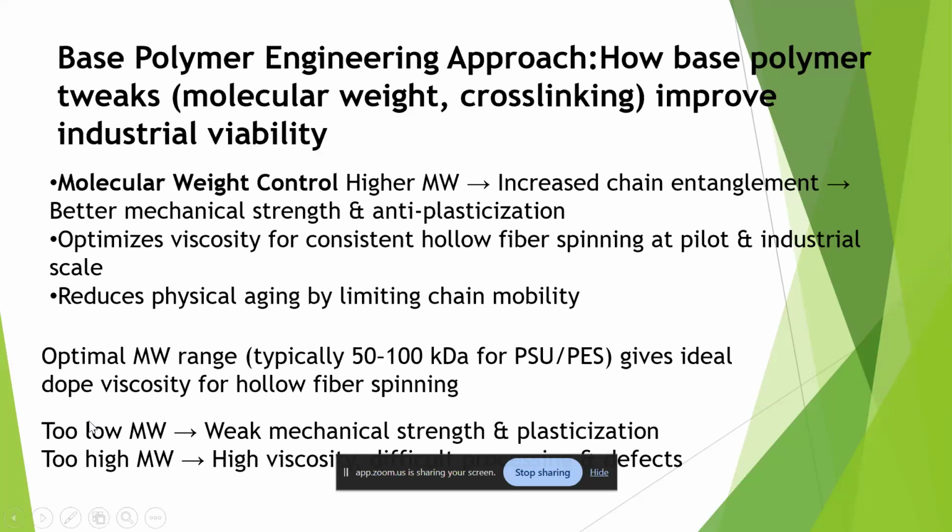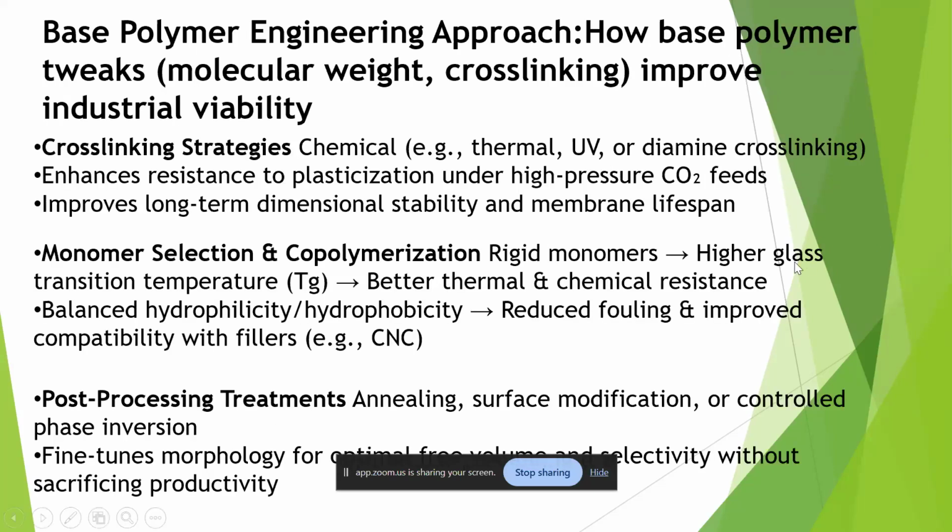A low molecular weight means that it is very weak and the susceptibility to plasticization is more, and a very high molecular weight means that it is highly viscous and very hard to process. So there is a trade-off between these two. And people are using cross-linking strategies, as I mentioned previously, adding certain groups, just like a necklace.